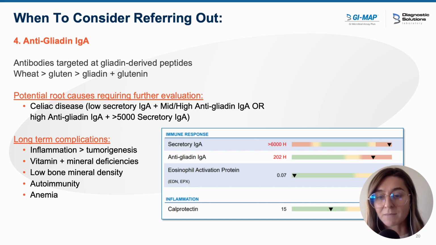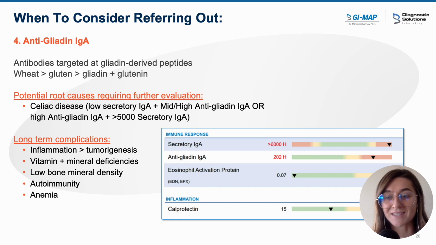Inside DSL Academy, Kat Simmons does a phenomenal job going into more detail, and I really encourage you to spend some time going into DSL Academy and listening to some of those lectures. But some of the potential root causes requiring further evaluation are going to be celiac disease, right? Because anti-gliadin IgA are antibodies being produced against gliadin, which is coming from gluten-containing products.